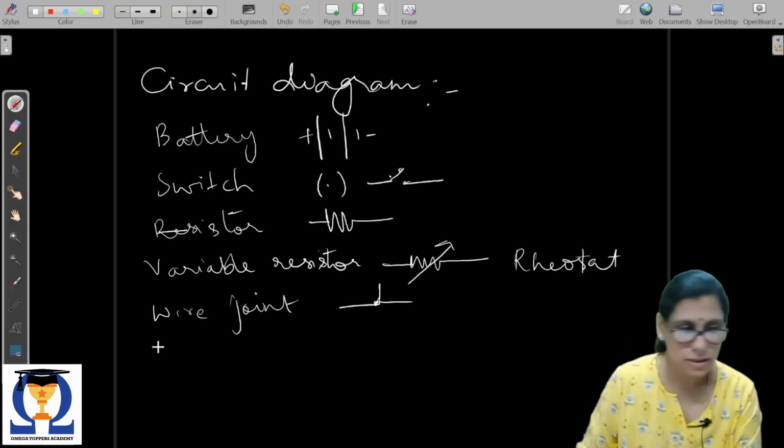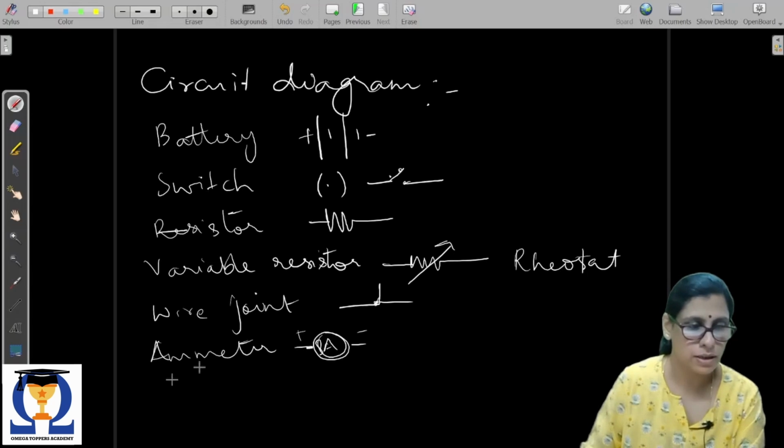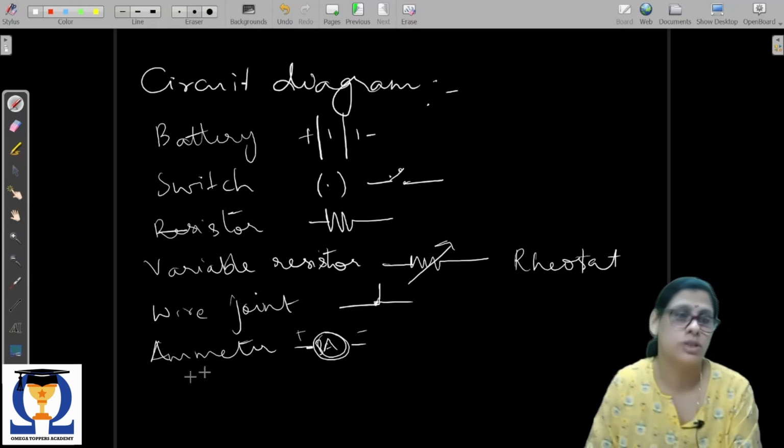Then there is the ammeter symbol, A, plus minus. Ammeter is the instrument used to measure the electric current in a circuit.